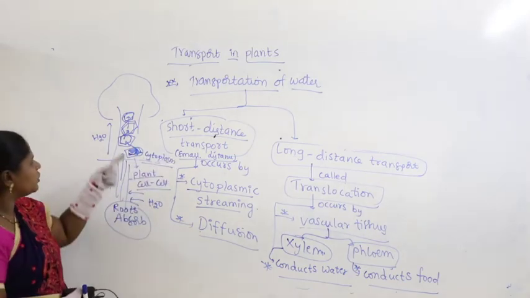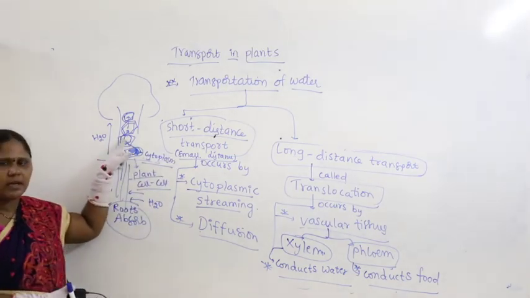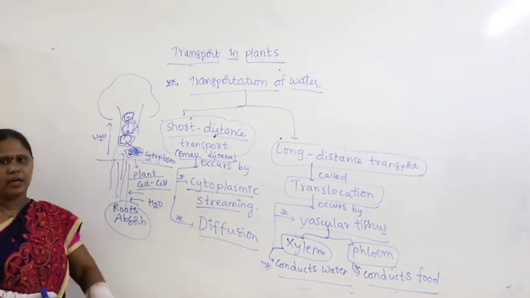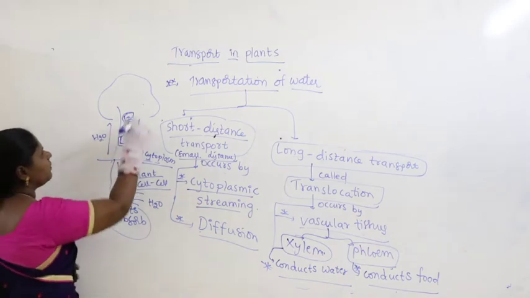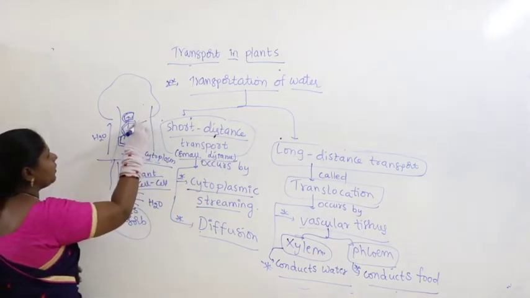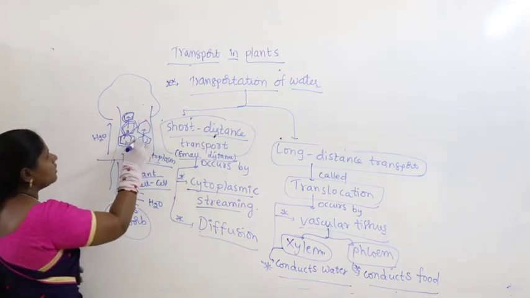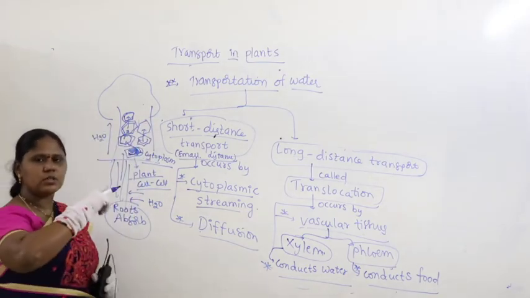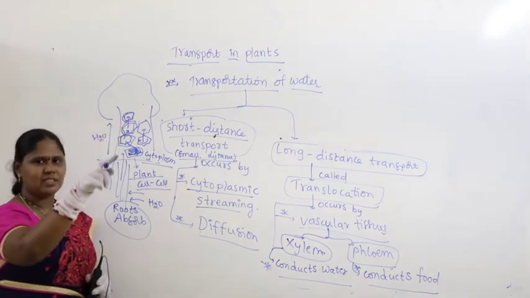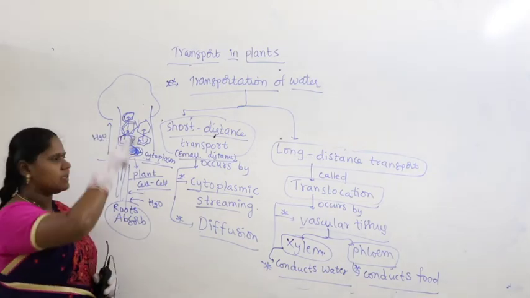How does cytoplasm push the components to the next neighbor cell? Because cytoplasm is not a stable component. It keeps moving within the cell. It shows clockwise rotation in some cells and anti-clockwise rotation in other cells.